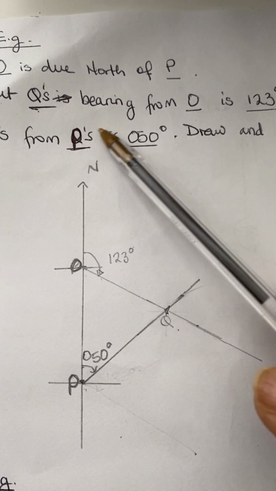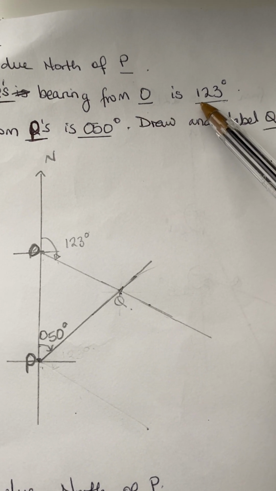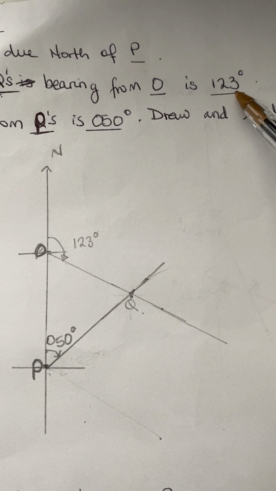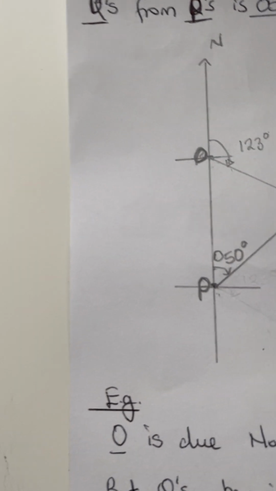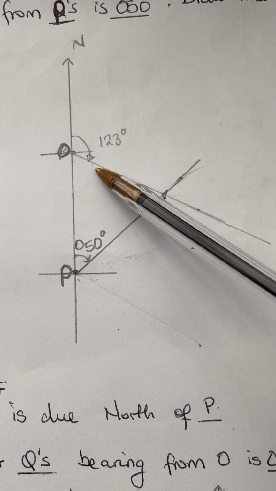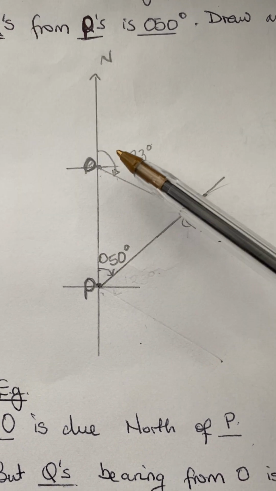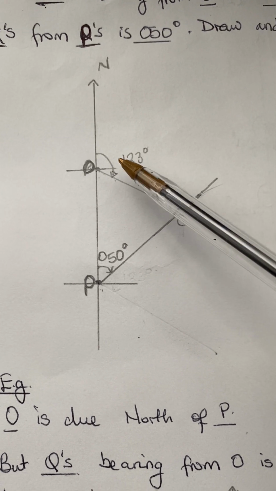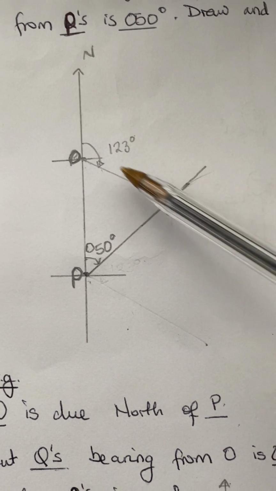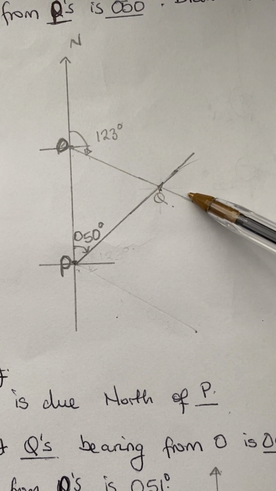But Q's bearing from O is 123. So we've been told O is north of P, so we've done that. And Q's bearing is 123.